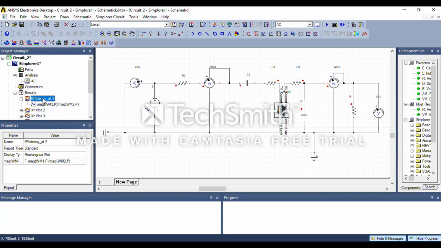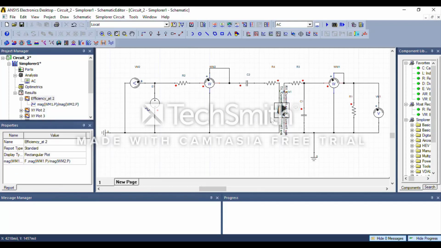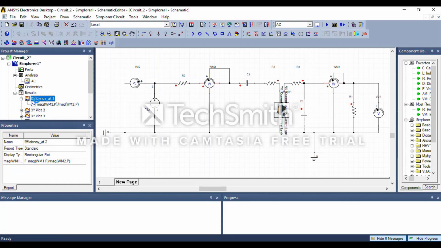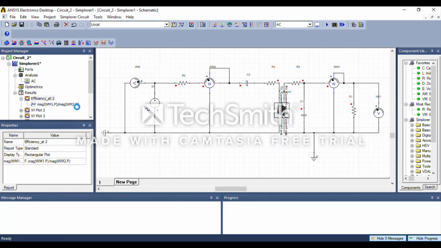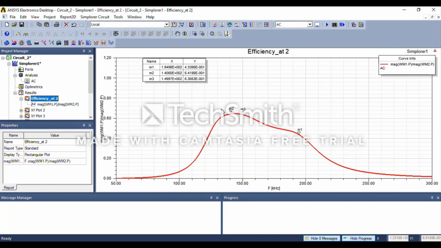So let's see the efficiency of power transmitted against the frequency variations. As we can see, we have designed our coils for the resonance frequency of 150 kilohertz, and near about 150 kilohertz here we can find the peak of efficiency.